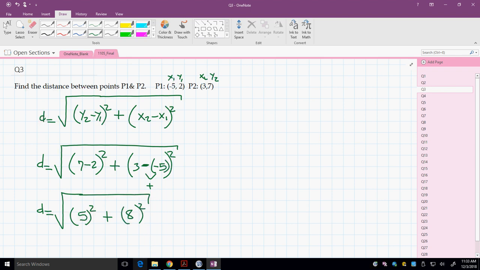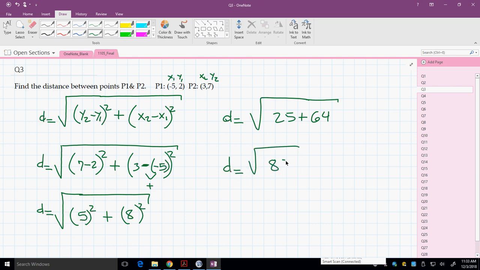So 5 times 5 is 25. The distance equals the square root of 25 plus 8 times 8, which is 64, all under the square root. Added together that gives me 89. And that is your answer.